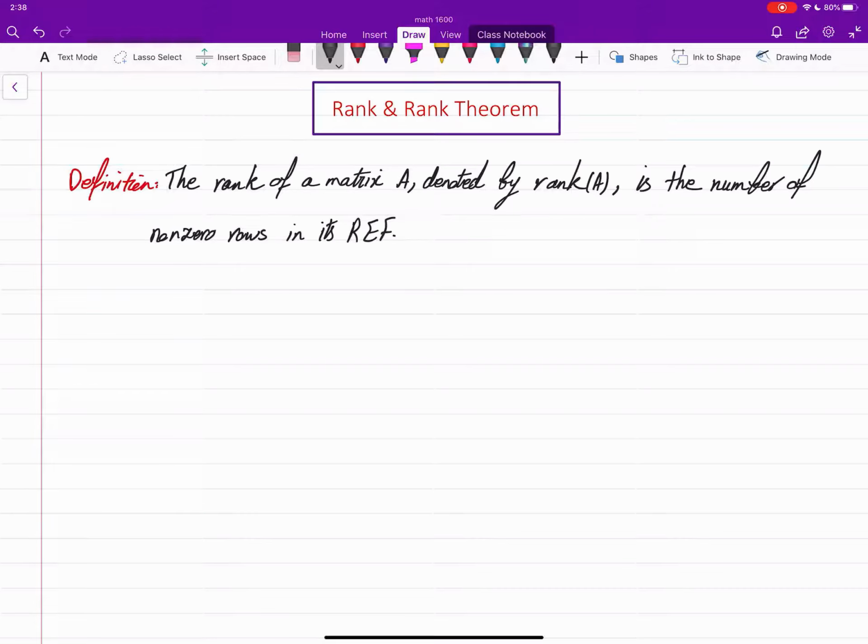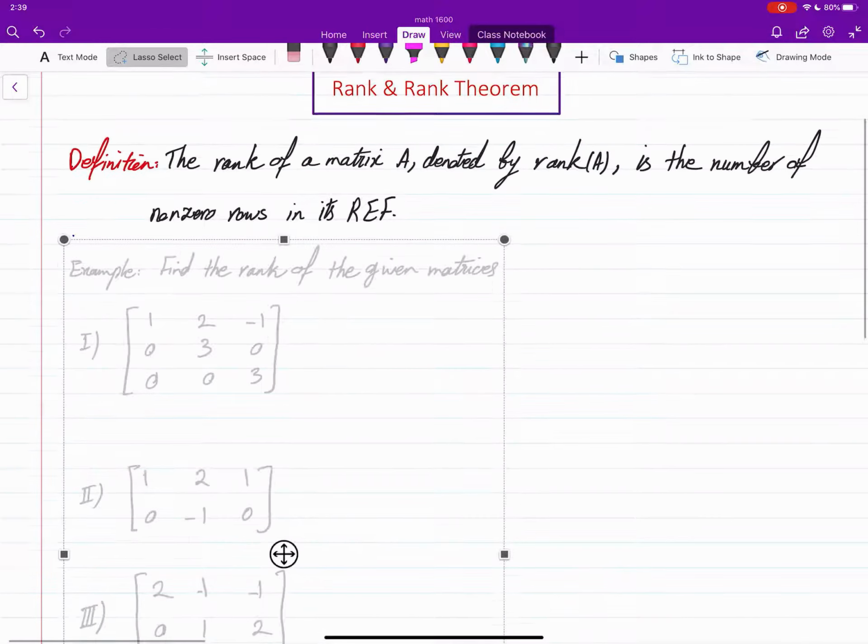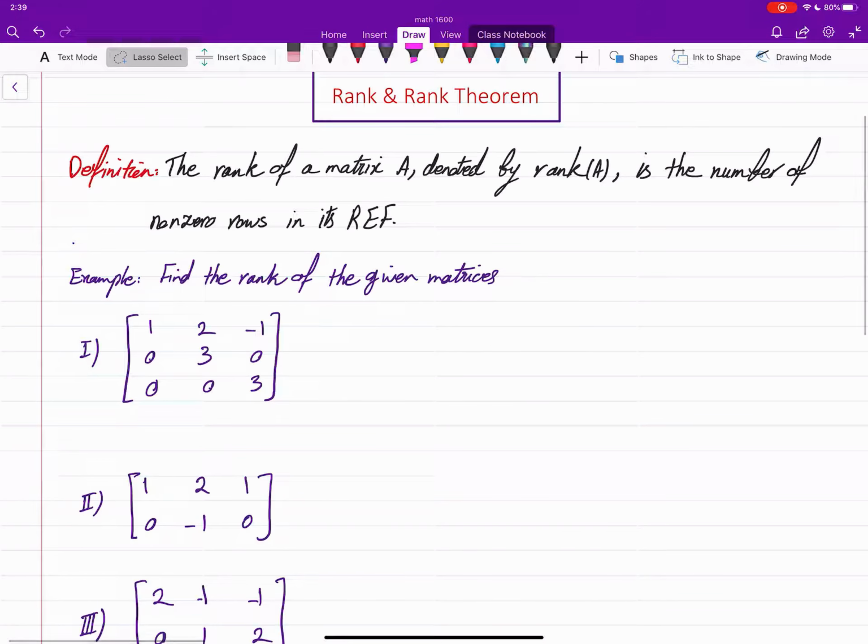In other words, if someone gives you a matrix and asks you to find the rank of that matrix, you have to reduce it to row echelon form and then count the number of non-zero rows. Let's see this in some examples.